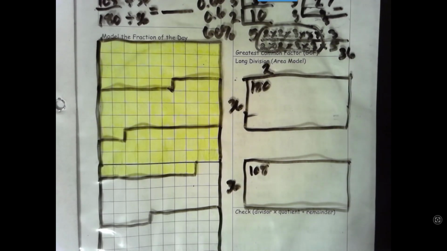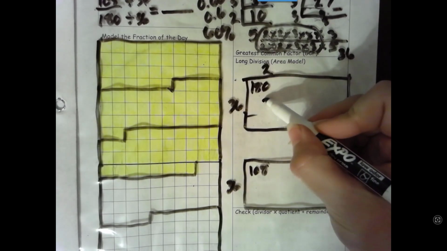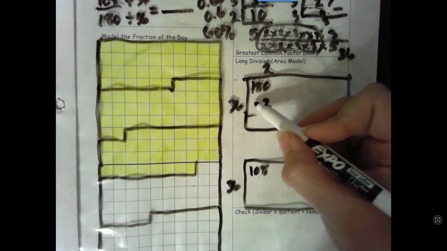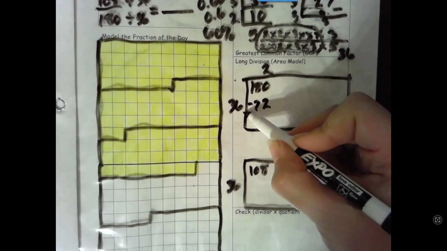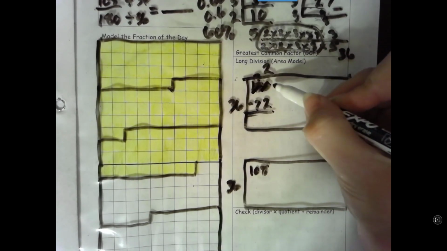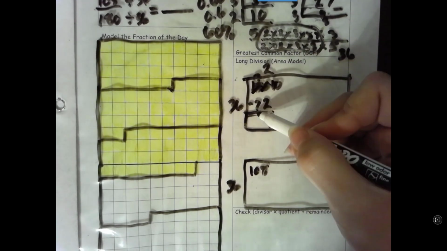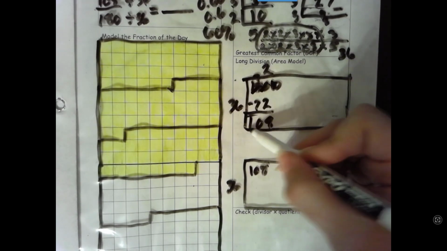If I double 36, double 6 I get 12, double 30 I get 60, 60 plus 12 is 72. I have more on the floor, go next door, regroup 10 more, 10 take away 2 is 8, numbers the same, 0 is a game, and then 1.